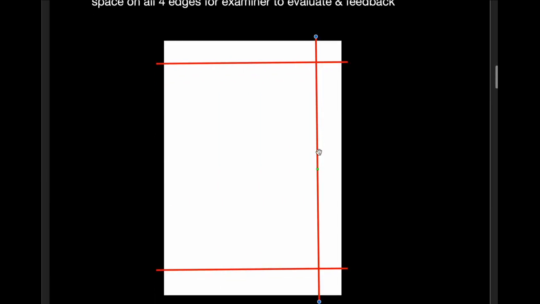Now, this is your A4 page. Okay. Now, what you do is you take this, you put 1 inch here, you put 1 inch here, you put 1 inch here, and you put 1 inch here. So now you have what?